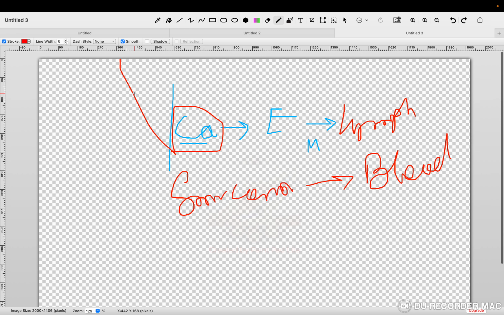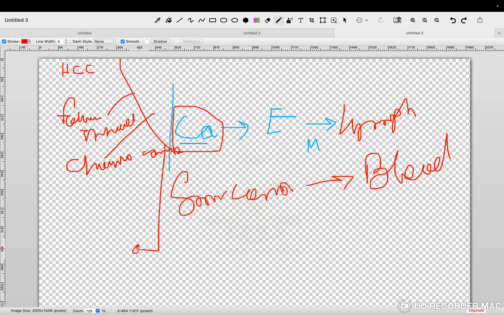There are 4 exceptions you must know about. In GIT, I will tell you about hepatocellular carcinoma. In endocrinology, I will tell you about follicular cancer of the thyroid. And when we study reproductive together, I will speak with you about choriocarcinoma. Finally, today we are going to speak about renal.